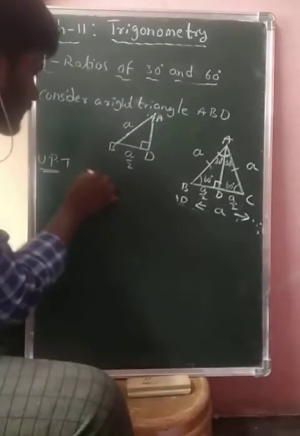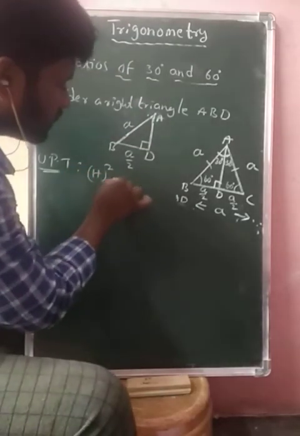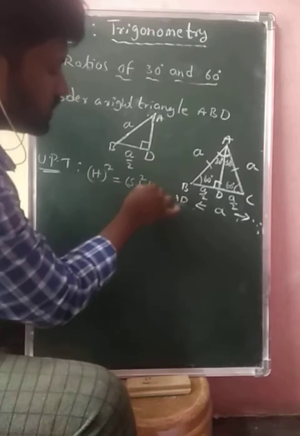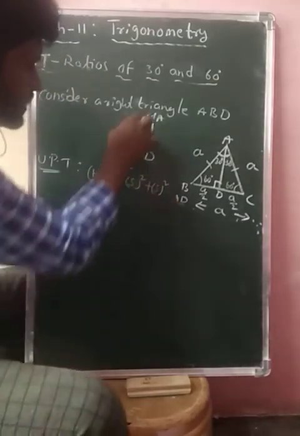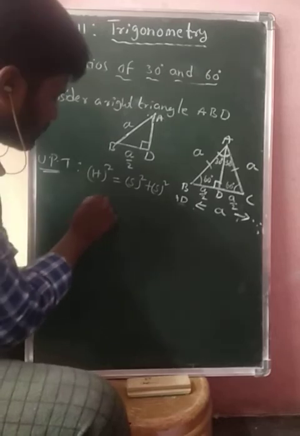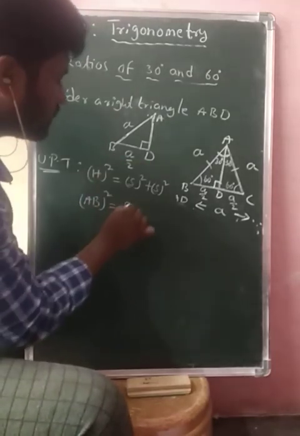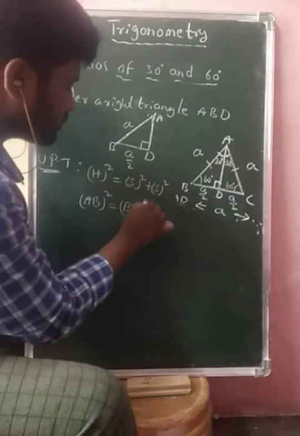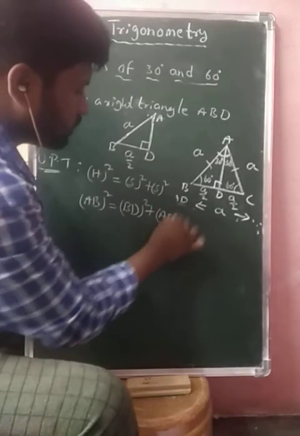The Pythagoras theorem states that the square of the hypotenuse is equal to side square plus side square. The hypotenuse is AB. That is AB whole square is equal to BD whole square plus AD whole square.